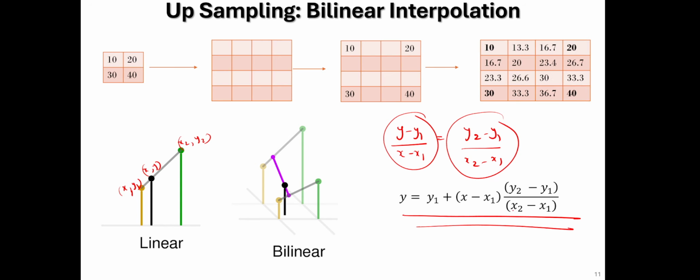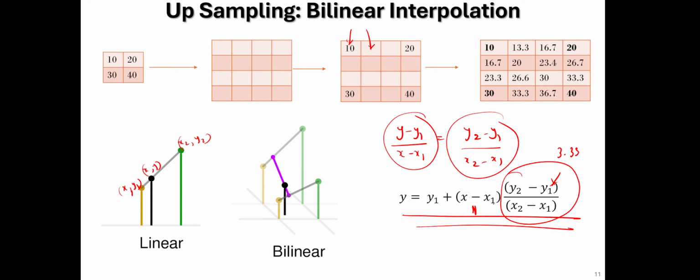So y2 minus y1 by x2 minus x1. So y2 minus y1 is 20 minus 10, that is 10, divided by, we saw it 0, 1, 2, 3, so 3 minus 0, that is 3. So this guy over here is basically 3.33. And then you want to find this value, which is this one, plus x minus x1, so that is 1 minus 0.